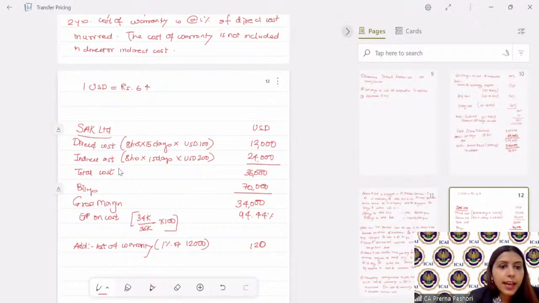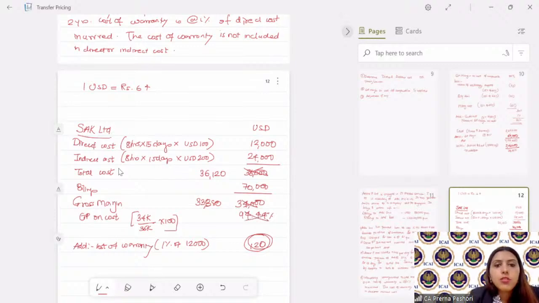And because of this, my total cost will get increased because this was not included in my direct or indirect cost. So I will add it to my cost and therefore my total cost here will become, instead of 36,000, 36,120. And my gross margin, instead of 34,000, this will be 33,880.